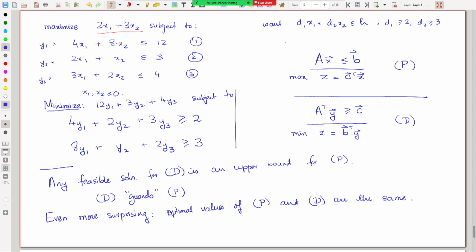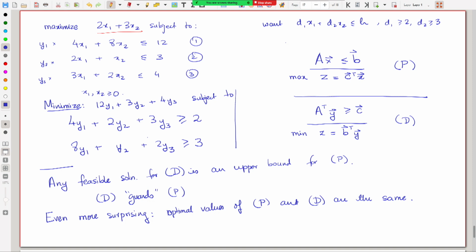Suppose I want to bound 12y1 plus 3y2 plus 4y3 below now. Earlier I wanted to bound it above, but now I want to bound it below. So, 12 is greater than or equal to 4, 3 is greater than or equal to 2, and 4 is greater than or equal to 3. So straight away I get that 12y1 plus 3y2 plus 4y3 has to be greater than or equal to 2, and maybe I can improve it.